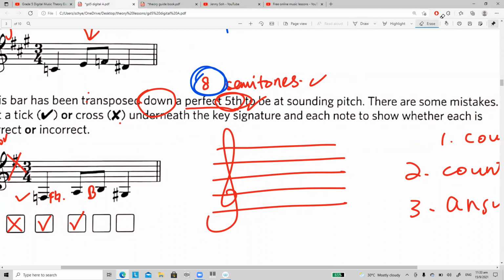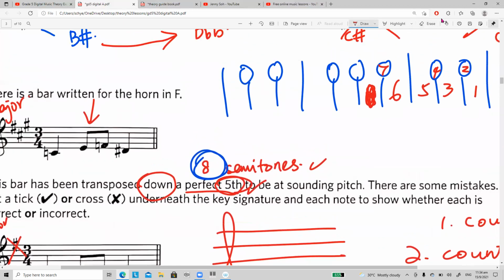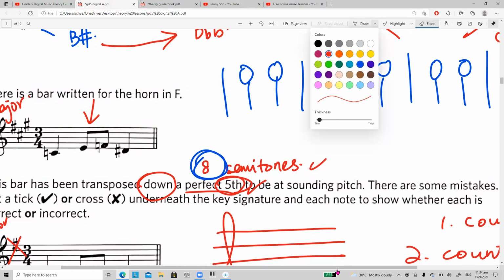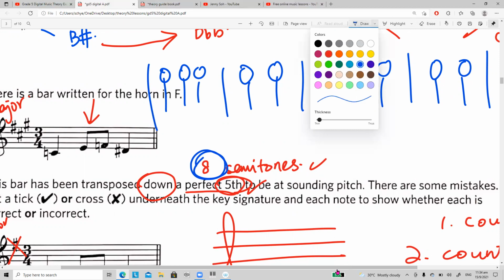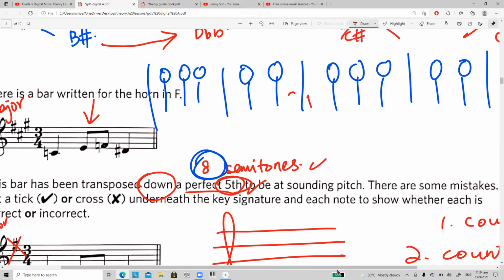So after you count on the stave, you need to count 8 semitones on the keyboard. So let's count from F natural. So from F natural, you count 8 semitones down. Here, 1, 2, 3, 4, 5, 6, 7, 8.